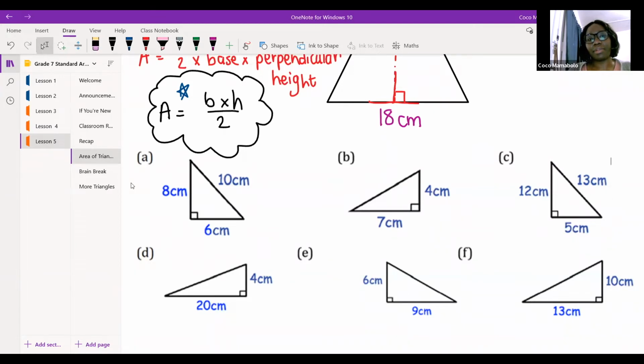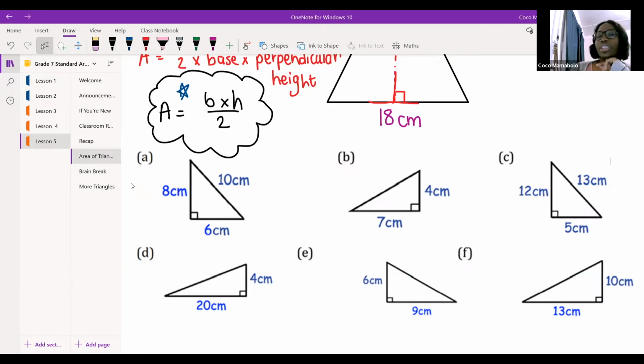So I know what you're trying to say, but as you can see for number A, the triangle is different. 6 is the base, 8 is the height, and 10 is the breadth?